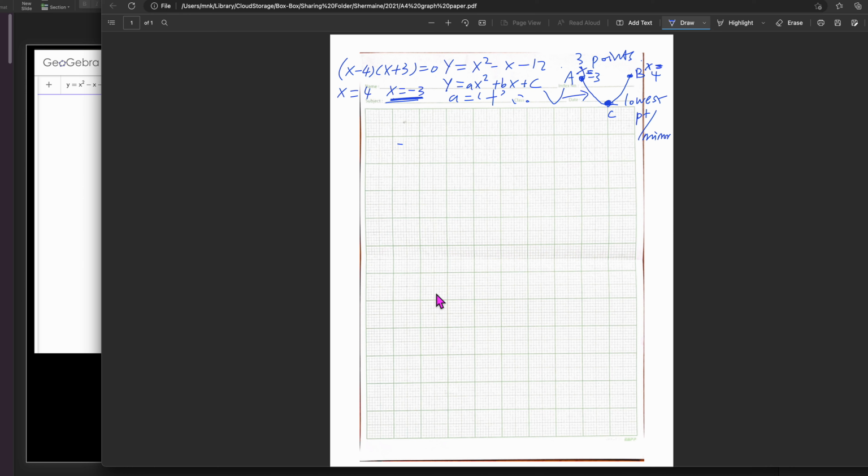So maybe I just get it out here. This is negative 3. This is negative 2. Okay, 1. So this is your point B. This is your point A.